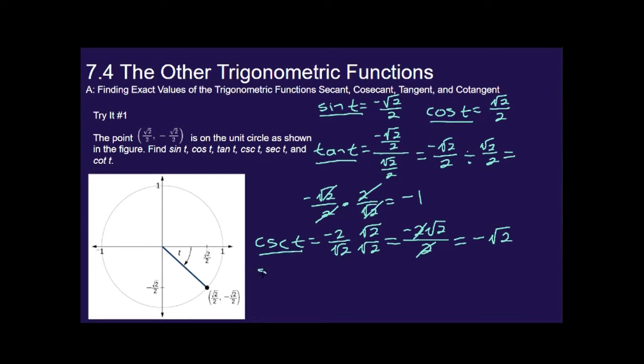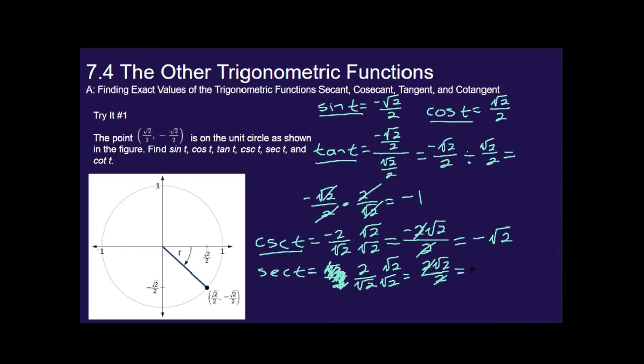Okay, and then let's find the secant. Secant of t is the inverse of cosine, square root of 2 over 2, and then, oops, sorry, I needed to flip that over. 2 over square root of 2. Once again, I need to rationalize my denominator, and I get 2 square root of 2 over 2.